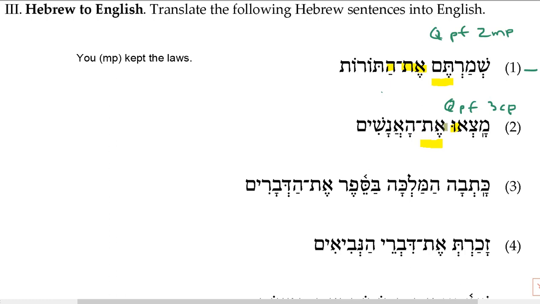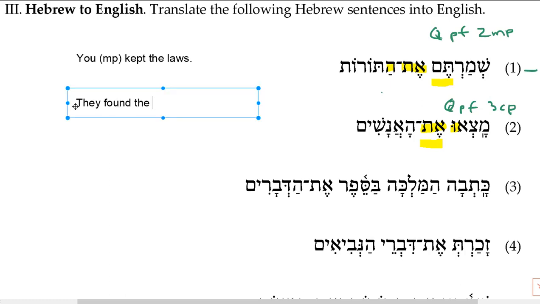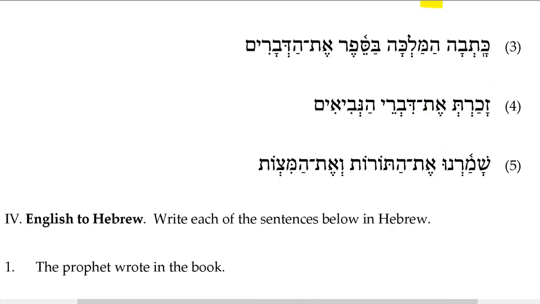So again, here's the direct object marker, and then we have definite article plus noun, the men. So they found the men. All right, so we type that out. They found the men. I'm not sure how interesting that is, but at least it illustrates a few of our verbs.